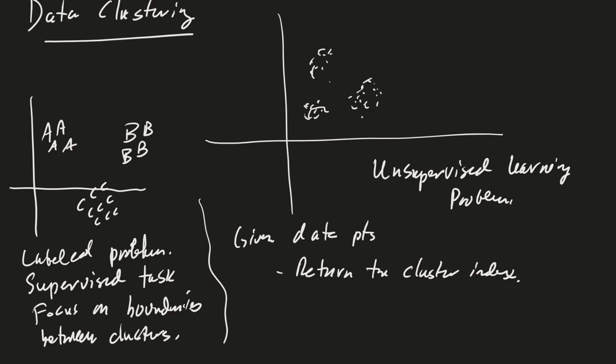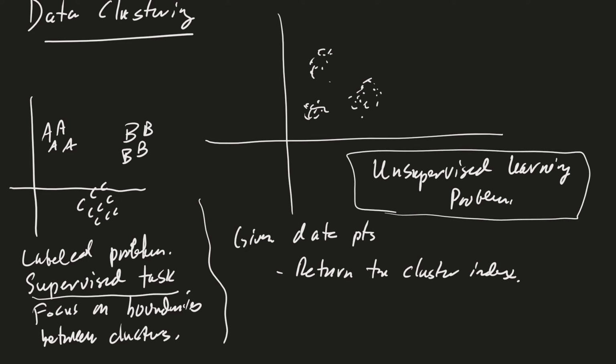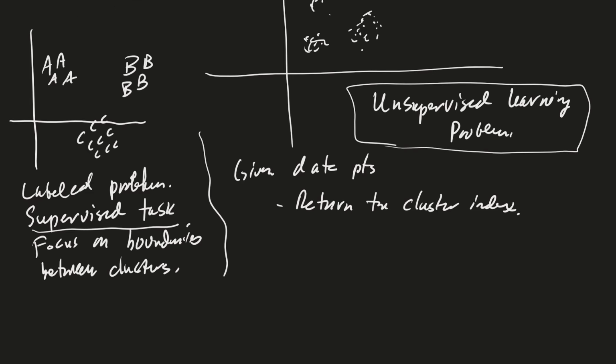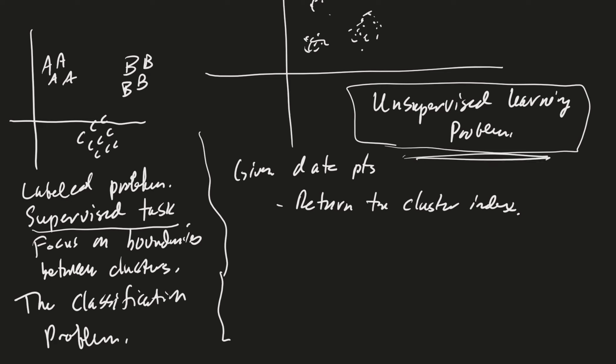And so the algorithms that you would use to solve the supervised task are a lot different than the unsupervised learning task. Okay, and so in fact, I would say that this is the classification problem. And so we're going to learn how to solve that. We're going to build classifiers later. While the other side here is the unsupervised learning problem.